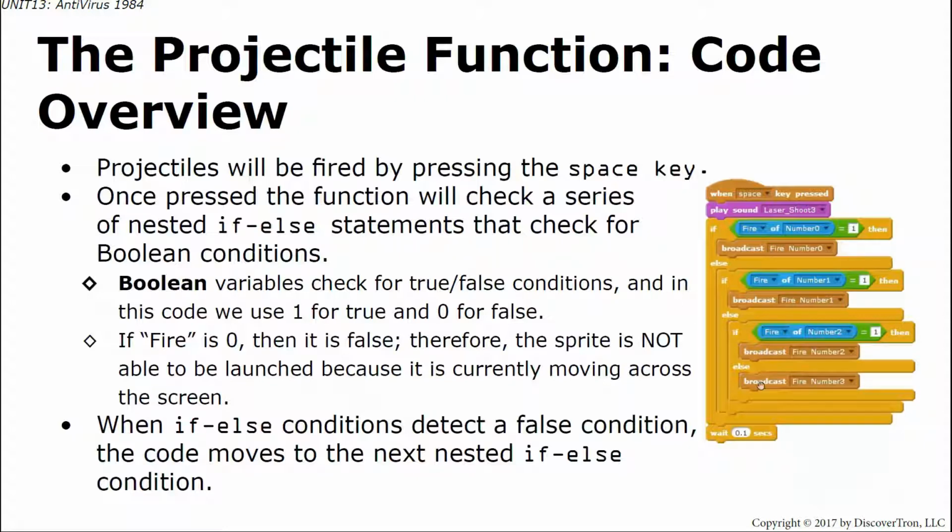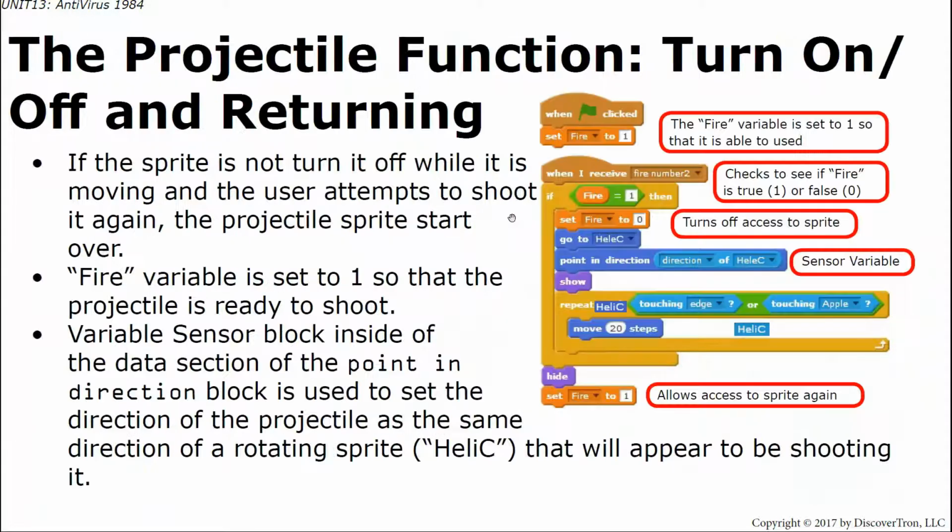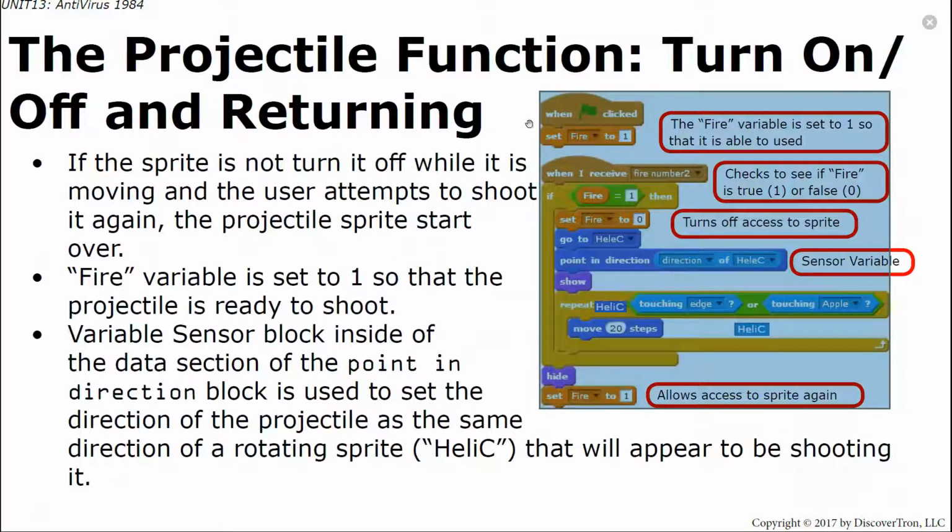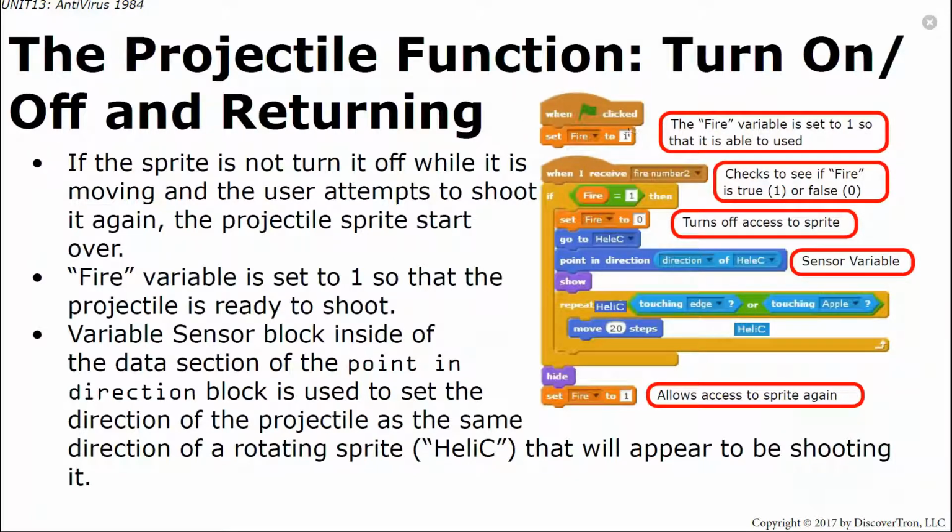Your timing and speed, which can be controlled right down here also, will help control what happens in the program. And let's see, turning the projectile on and off: we can turn it on by setting the variable fire to 1. By setting it to 1, that's basically turning it on. If this is true, it's equal to 1, that means it's on. We immediately turn it to 0, meaning it's off and can't be accessed anymore through this broadcast message.